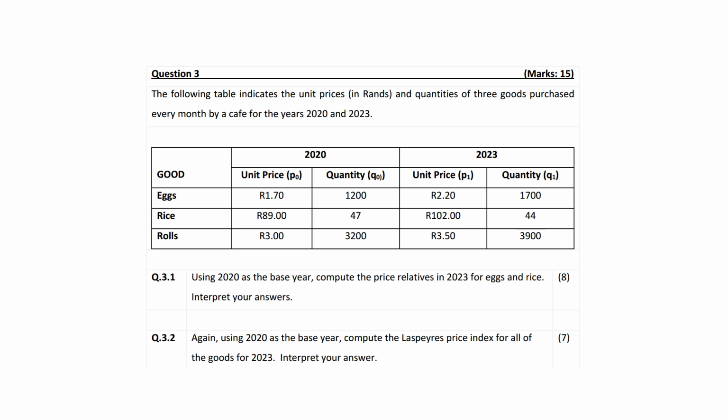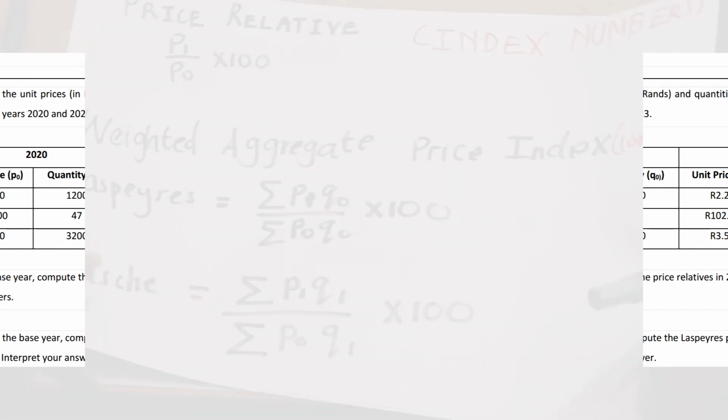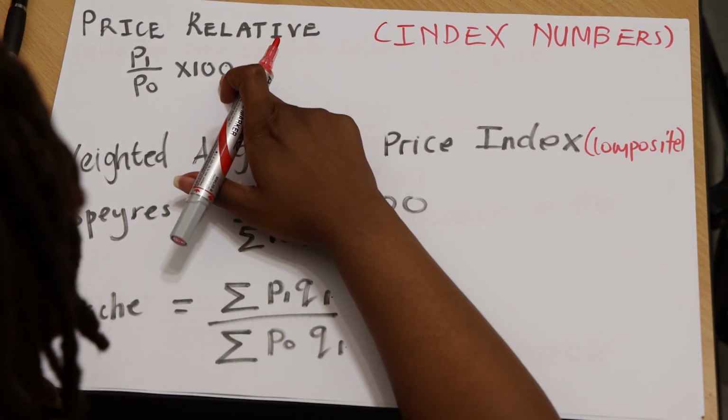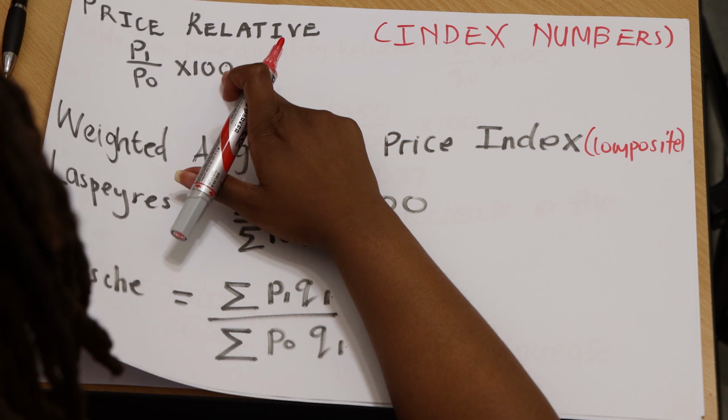And they have the table that has 3 goods: egg, rice, and roll.